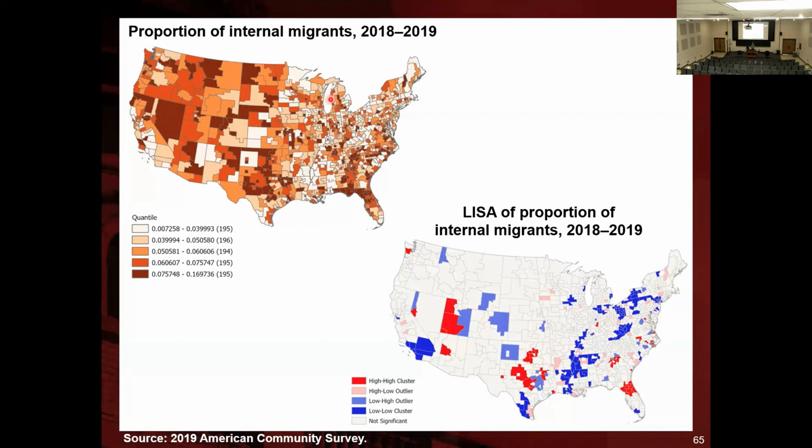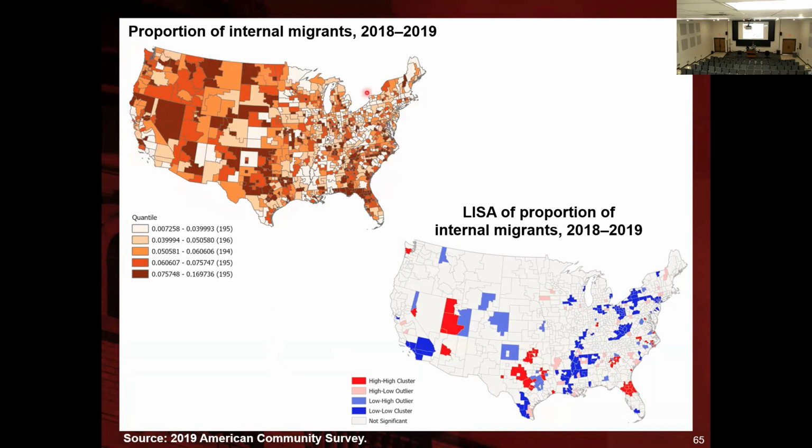And that's where that local indicator of spatial association that I just used comes in. I got the data from the IPUMS website from 2019 ACS, use GeoDa, learn how to use it on the website of GeoDa, and then it simplifies this map.